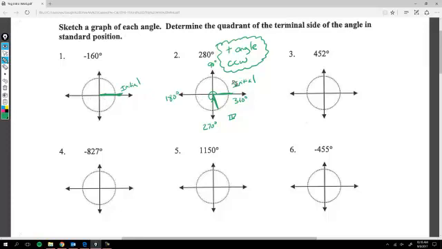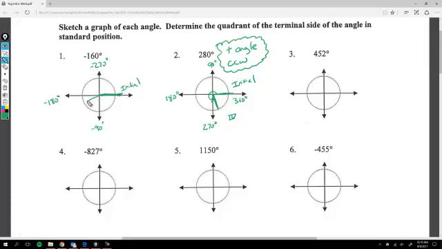Now, my reference points that I'm using here are going to remain basically the same. If I go straight down, that's again 90 degrees, but because I went clockwise, it's negative 90 degrees. A flat line is still negative 180. If I go straight up, that's going to be negative 270. And if I go full circle, it's negative 360. Now, negative 160 is going to be in between negative 90 and negative 180.